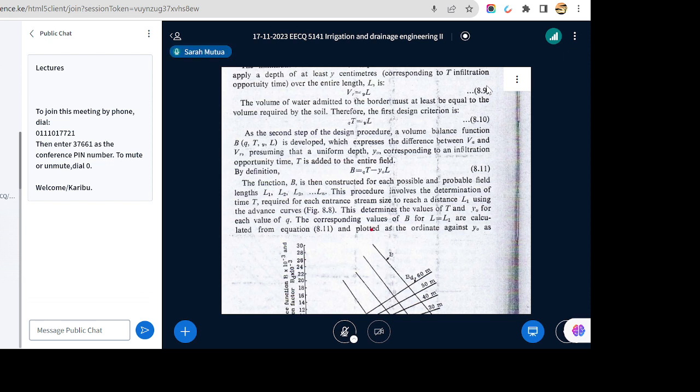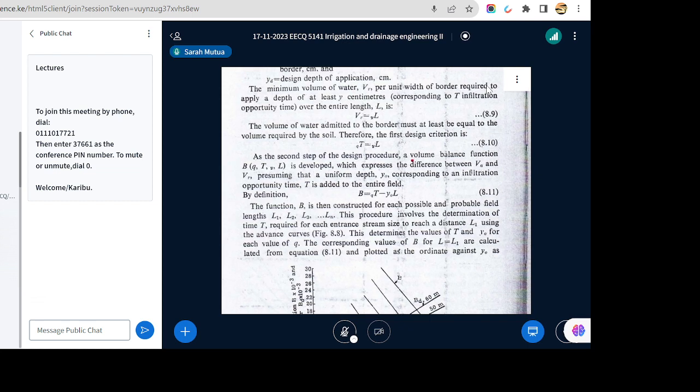And it expresses the difference between the volume of water admitted to the border strip per unit width, and VR.